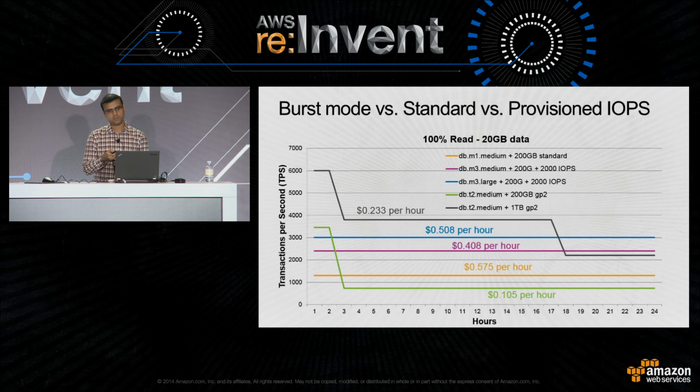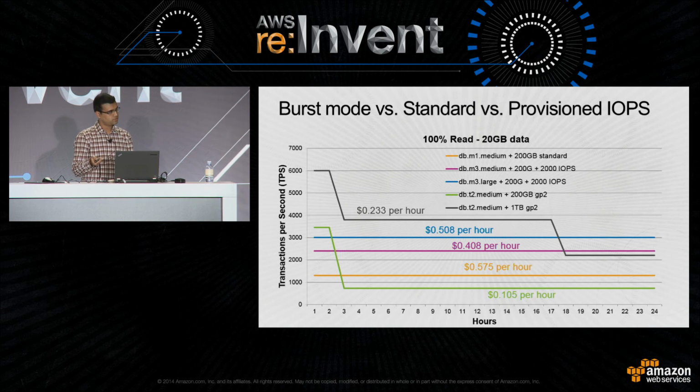Let's take another example. T2 medium, however, we have increased the amount of storage. As we have looked at before, as you increase the amount of storage for GP2, it gives you more baseline IOPS. So 200 gigs gives you 600 baseline IOPS. 1 TB gives you 3,000 baseline IOPS. And this performs significantly better than any of the other options for not only the first 2 hours, but for the first 18 hours.